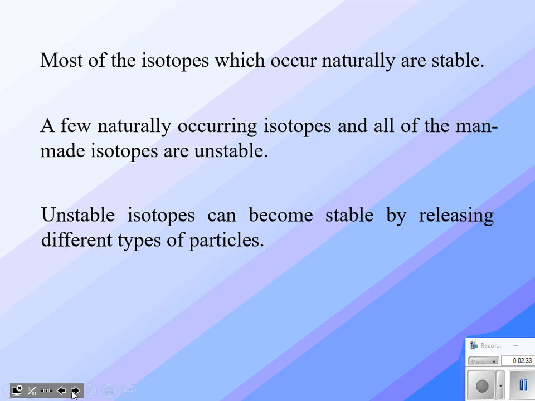Unstable isotopes become stable by releasing different types of particles. That's where we're going to see the alpha particle, the gamma rays, the beta particles. So by releasing different particles, they become stable, they being the unstable isotopes.